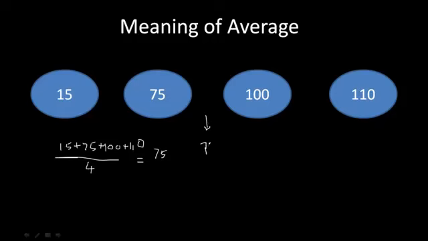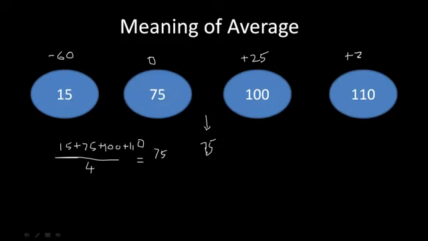How far is 75 from 75? It's 0, exactly the same. How far is 15 from 75? It's 60 backwards, isn't it? How far is 100 from 75? It's 25 ahead.